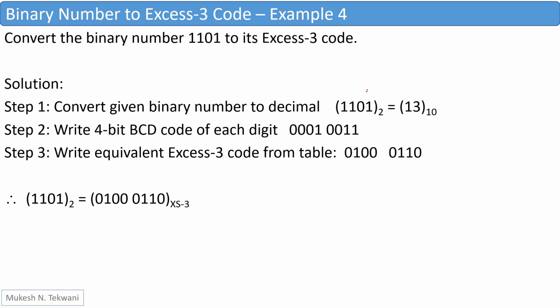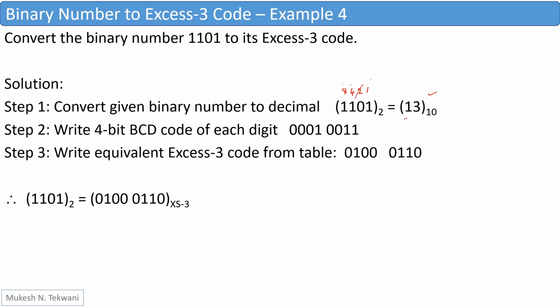Since this is a binary number, each bit has a weight assigned to it: 1, 2, 4, 8. Wherever the bit is 0, we can cross it out, and what we are left with is 8 plus 4, 12, plus 1, 13. So 13 becomes the equivalent decimal value of this number.